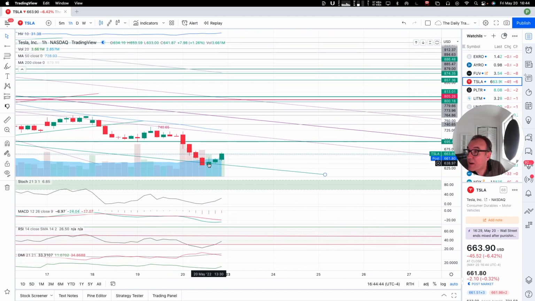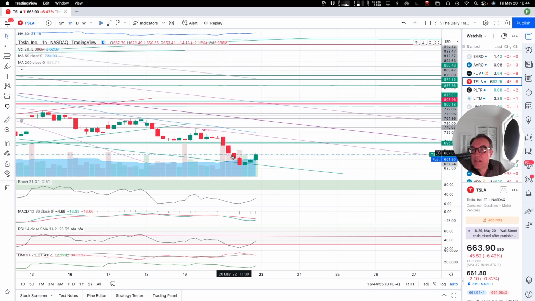So we came back up for the last 3 hours, but we don't even have stochastic over 60 on the 1 hour chart. This move up here is not very convincing. It's not very convincing that this could be a reversal. It looks like more of a pullback so far.